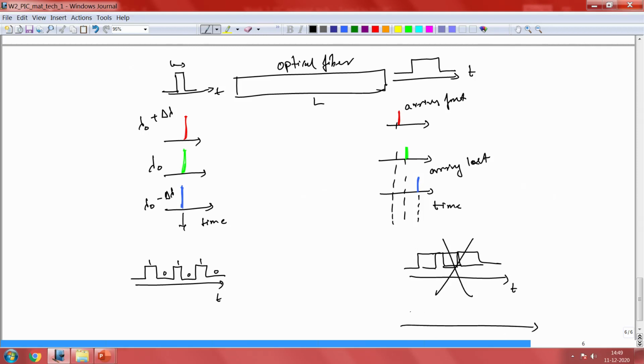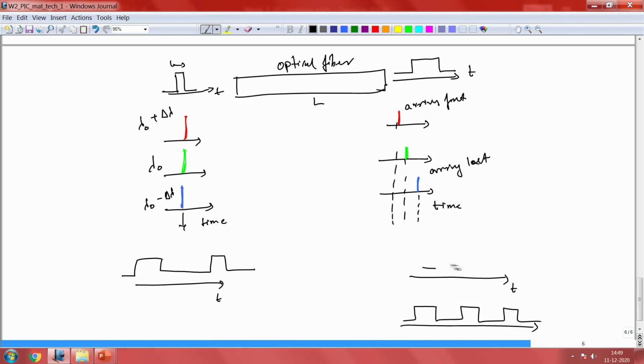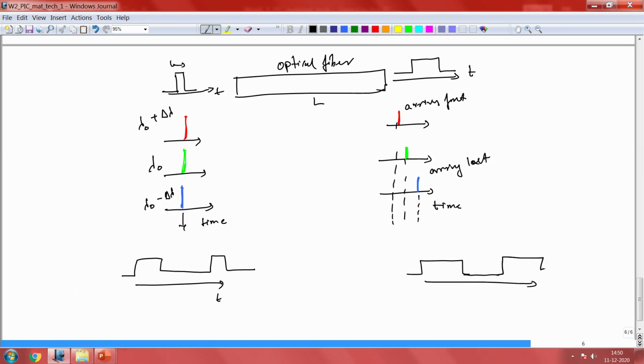So what you ideally want is just a reproduction of whatever you have. In order to do that, because they are going to broaden, we have to reduce the number of bits we send. So even when the broadening happens, you will have enough dead time here to get the next pulse.